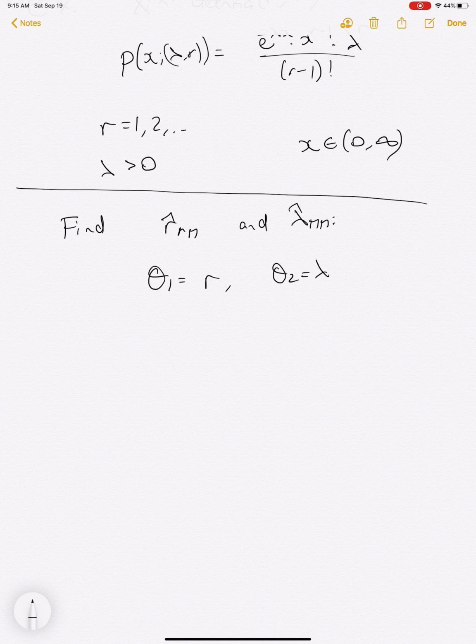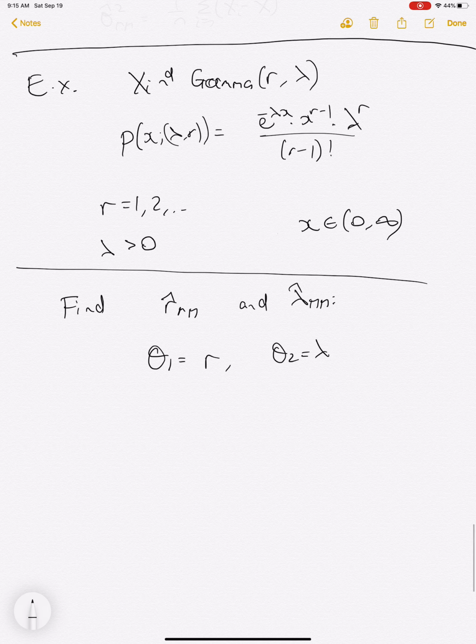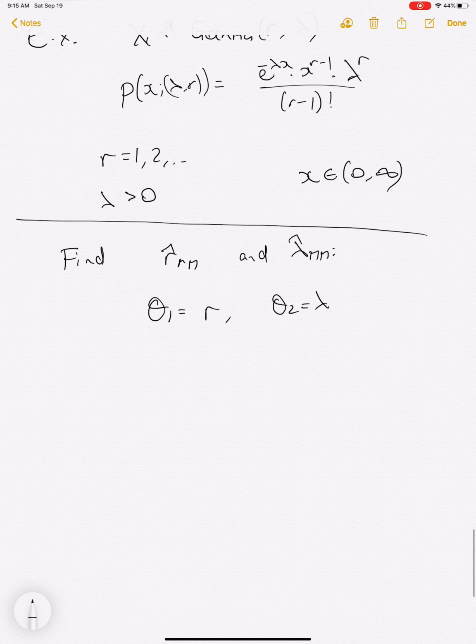If it's easier for you to use the parameters that are already there, then maybe that's easier. I'm going to do it for normal. I changed to theta 1, theta 2. For gamma, I'm just going to keep it as r and lambda. Just so that you can see two different ways of doing it, and then you can decide which you find to be easier for you to execute.